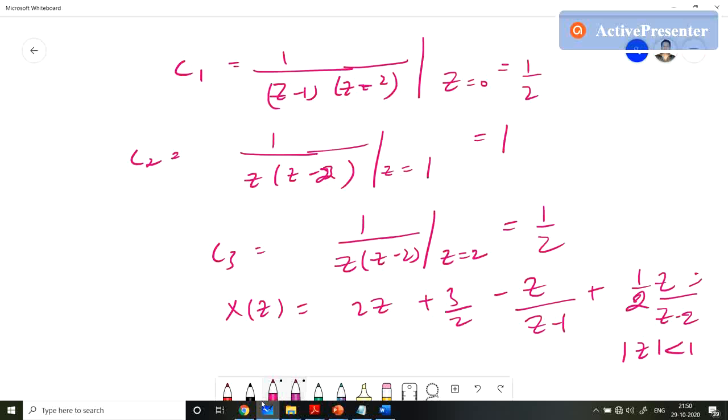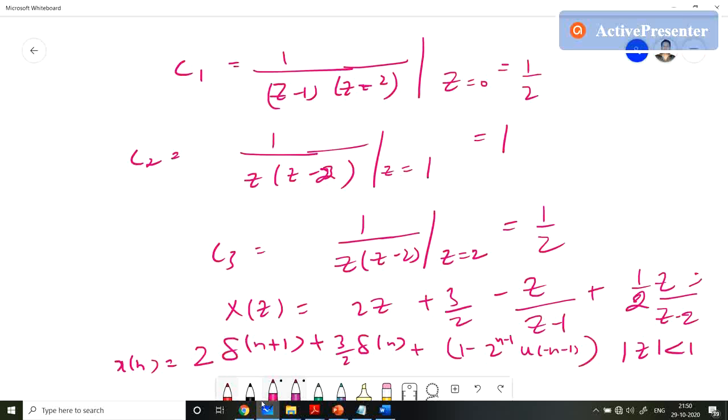Finally, if we take the inverse z transform, since it is a non-causal signal, we get 2 delta(n plus 1) plus 3 by 2 delta(n) plus 1 minus 2 raised to the power n minus 1 into u(minus n minus 1).